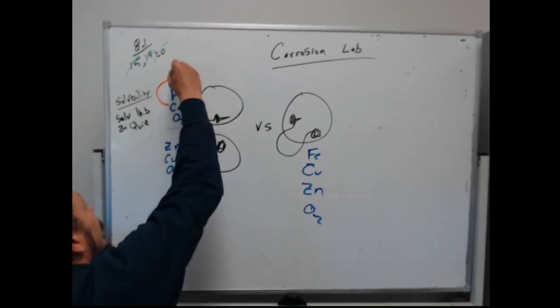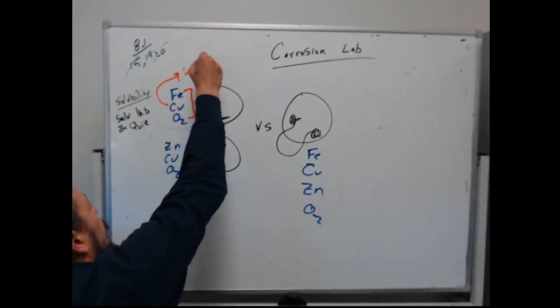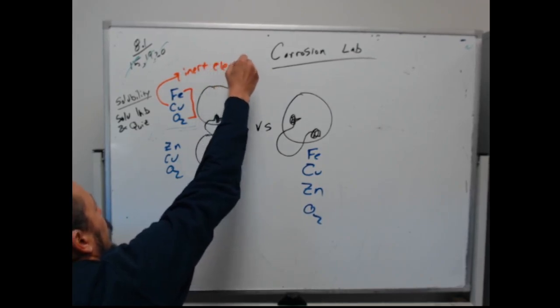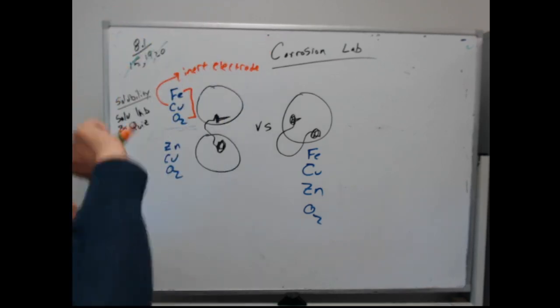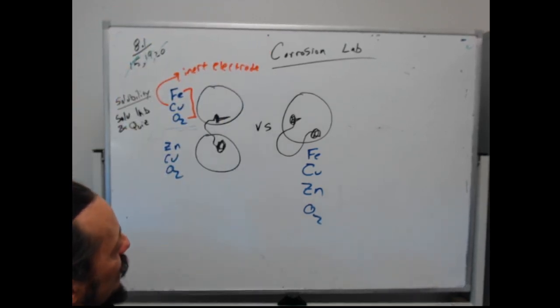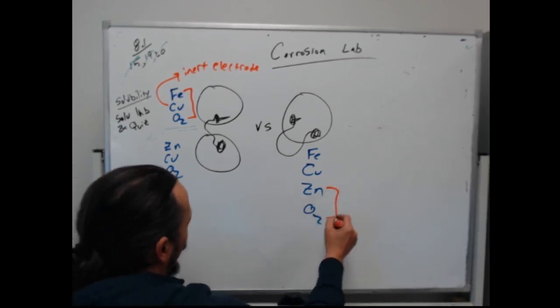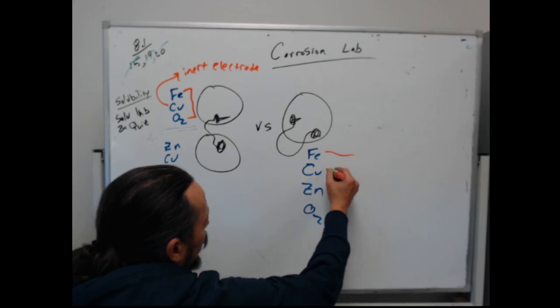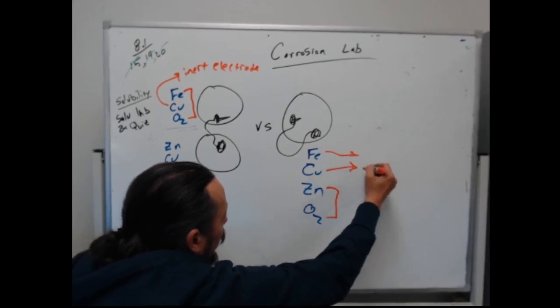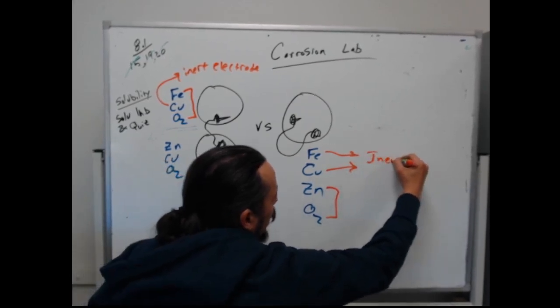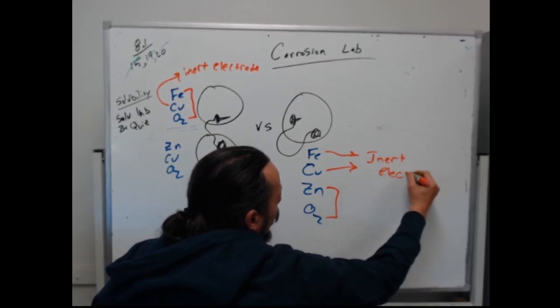It's the wire. It's inert. Because with the other one, since there's a salt bridge, the iron can be the inert electrode there. But since there isn't that, now the iron is involved in the reaction on the left one.